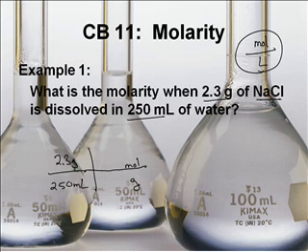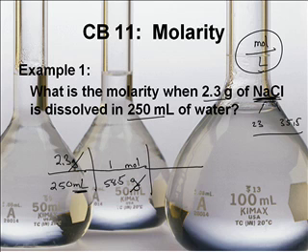Now this is sodium chloride, so I look up on my periodic table the weight of sodium, which is 23, and the weight of chlorine, which is 35.5, and that would be 58.5 grams in 1 mole. The grams cancel, and now I have moles per milliliter, but the definition of molarity is moles per liter, so I keep on going. The milliliters are on the bottom of the fraction, so I'm going to put them on the top of the next fraction.